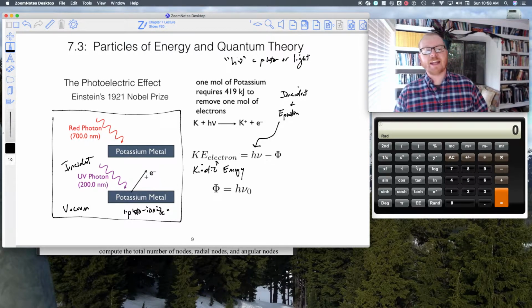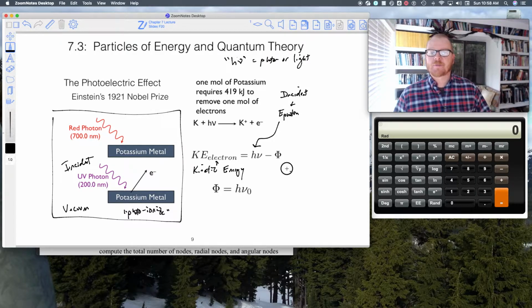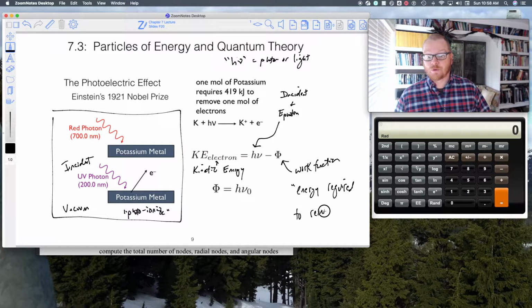So now the kinetic energy of this ejected electron will equal the energy of the incident photon, h nu, minus what we call the work function. And that's just a fancy way of saying the energy required to remove the electron, okay?